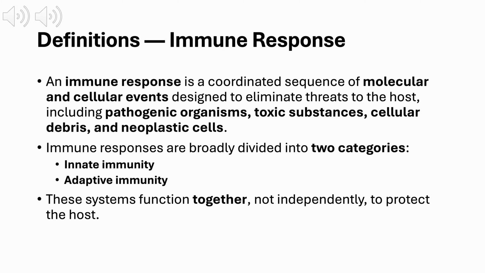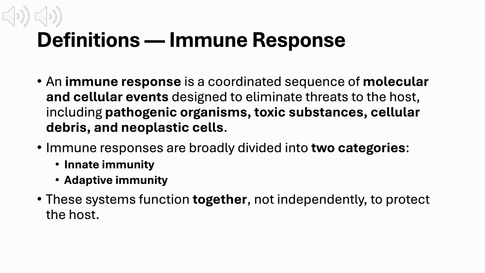Building on that overview, an immune response can be defined more precisely as a coordinated sequence of molecular and cellular events that protects the host from a wide range of threats. These threats include pathogenic organisms, toxic substances, cellular debris, and neoplastic cells. As we just introduced, immune responses are divided into innate and adaptive immunity.